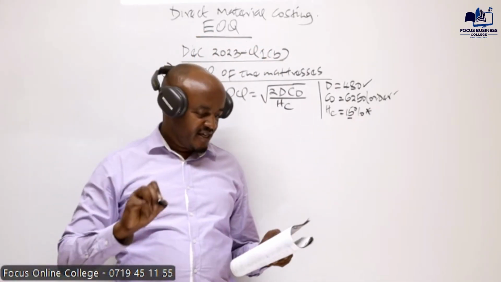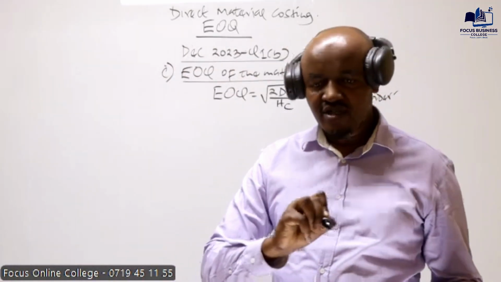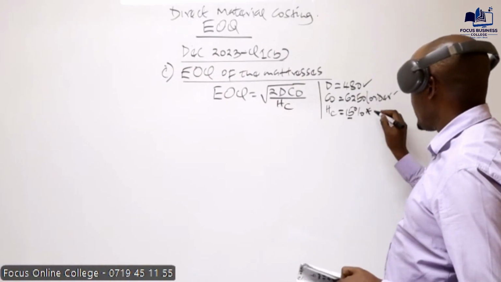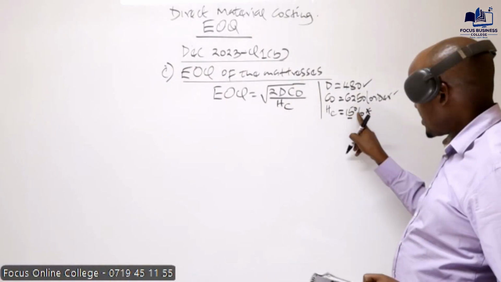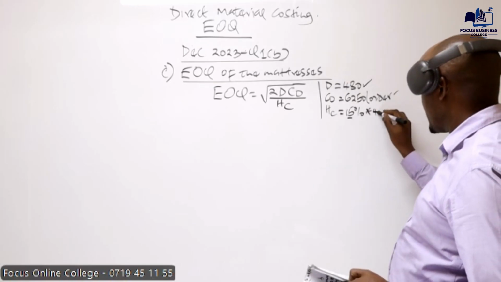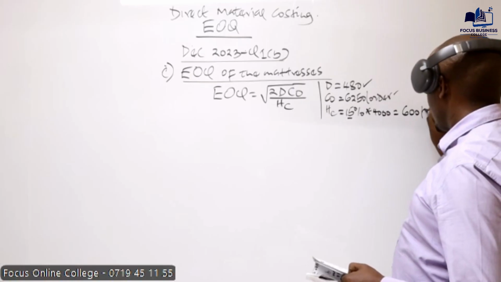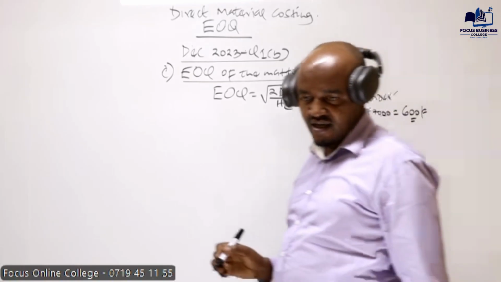Yes, I'm told by Naitare, in additional information number 2, each mattress costs shillings 4,000. So that is the purchase price. This one is always computed as a percentage of the purchase price. The purchase price is 4,000. So will this give us 600? Is it 600?